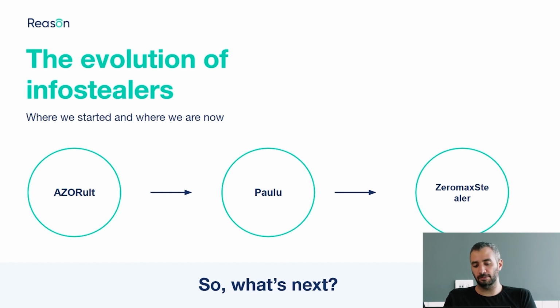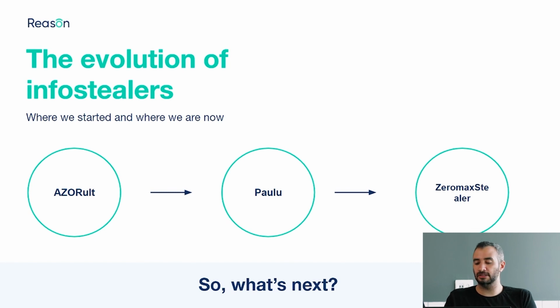And next we saw Polu, which did something else. It used external resources from GitHub and from remote MySQL, and it's hard for AV to detect that because AV will take time to flag those external resources and then understand that this is actually a malware.